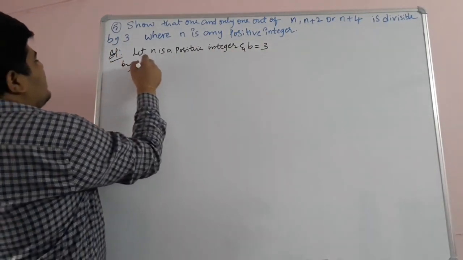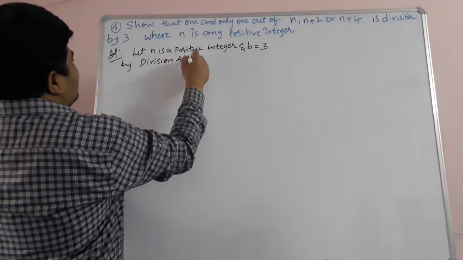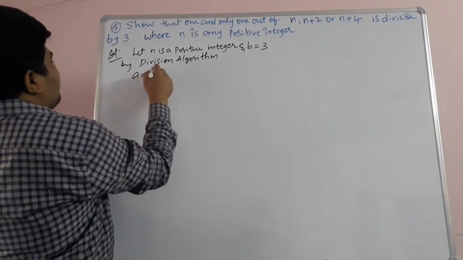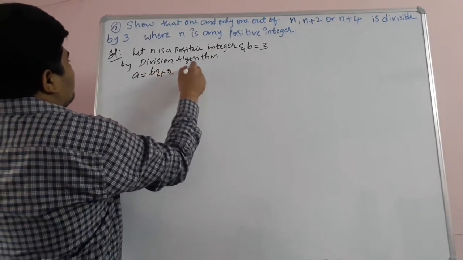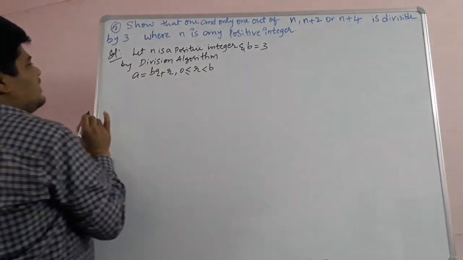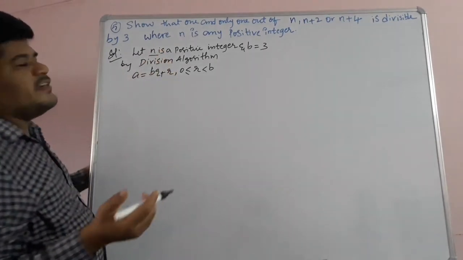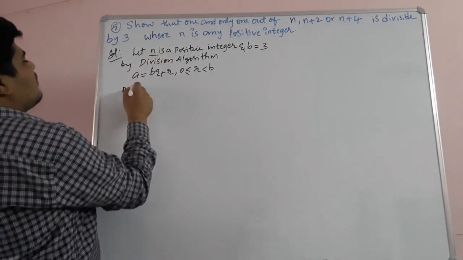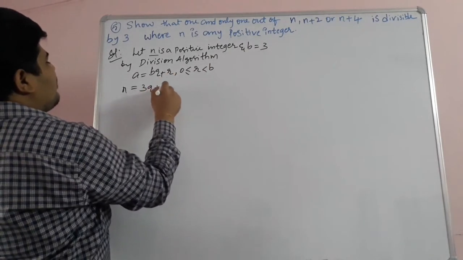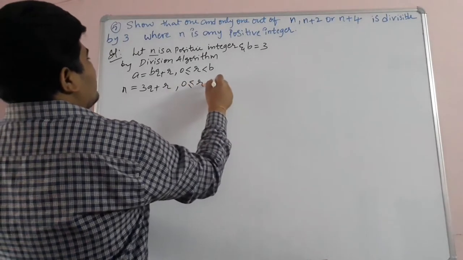So by division algorithm, a is equal to bq plus r, where 0 is less than or equal to r is less than b. This is the condition. Now children, here we are assuming n as a positive integer and b is equal to 3, so n is equal to 3q plus r, where 0 is less than or equal to r is less than 3.